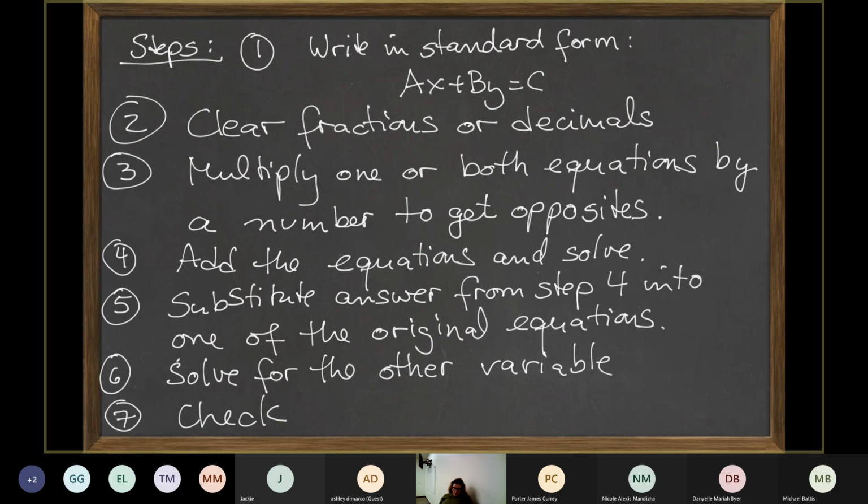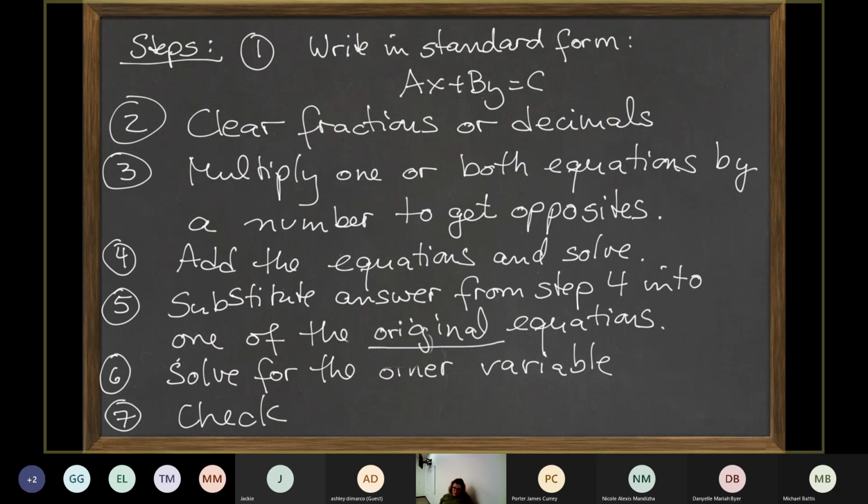The fifth step would be to substitute the answer from step 4 into one of the original equations. I say original for a reason, because if you made a mistake in the first 4 steps, then you can catch it with the fifth step.